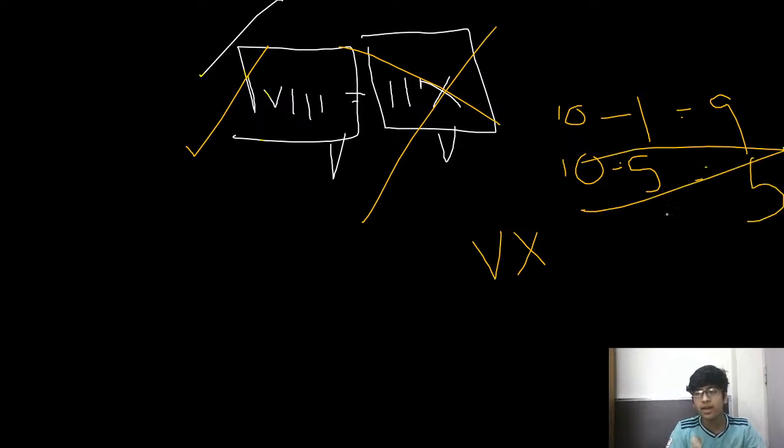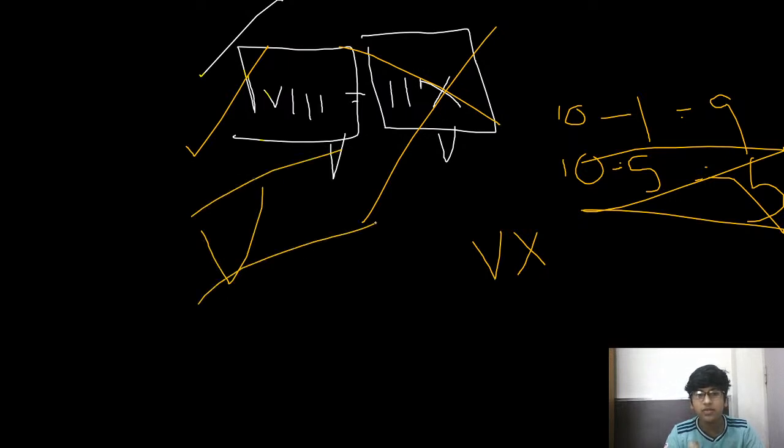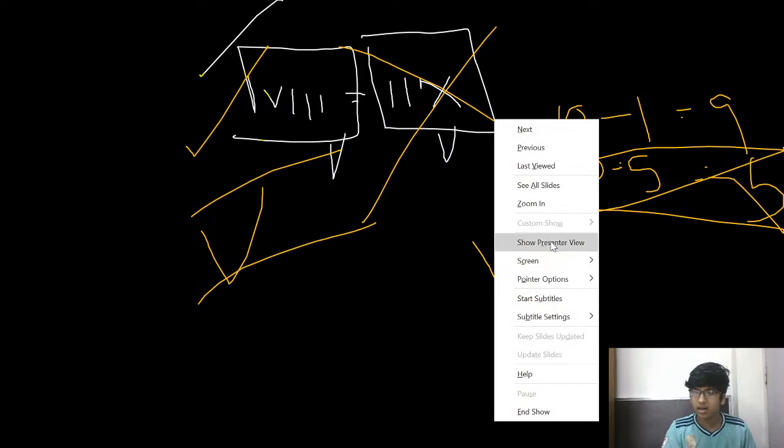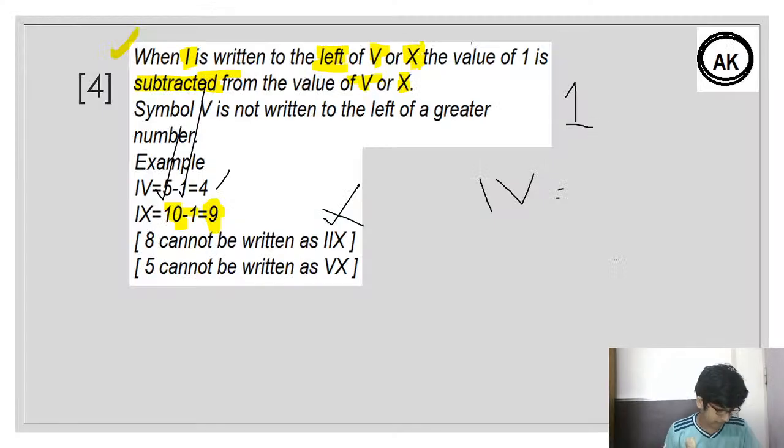So 5 cannot be done like this because for 5 we have a reserved symbol, known as V. So this will not occur like that. I told you that 8 cannot be written like this because of symbol reservation, and only I can be subtracted. See, I've highlighted it.